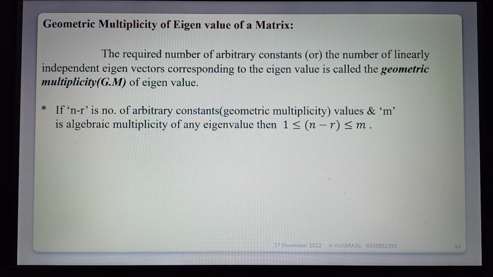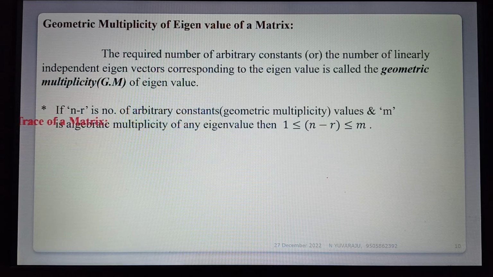If n minus r is the number of arbitrary constants, that is the geometric multiplicity, and m is the algebraic multiplicity of any eigenvalue, then 1 is less than or equal to n minus r, which is less than or equal to m. Here small m is AM, the algebraic multiplicity, n minus r is the geometric multiplicity, and the geometric multiplicity of a given eigenvalue is always between 1 and m. This is one of the conditions.